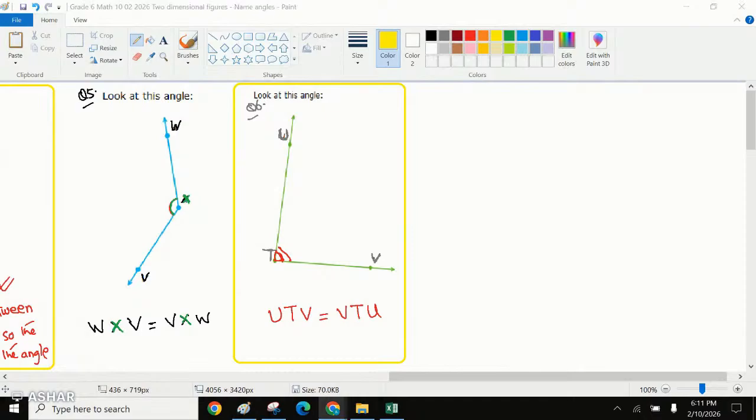No, Brightly, there is no W in that. WTV, it has to be VT. We do not have a W in this, right? This is simply a U. Okay, let's see the next question.